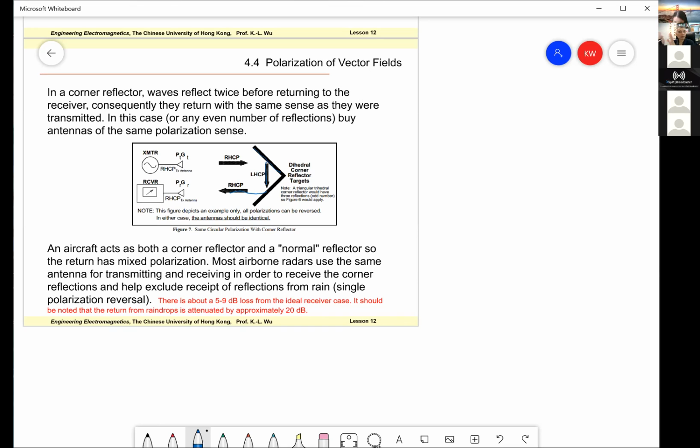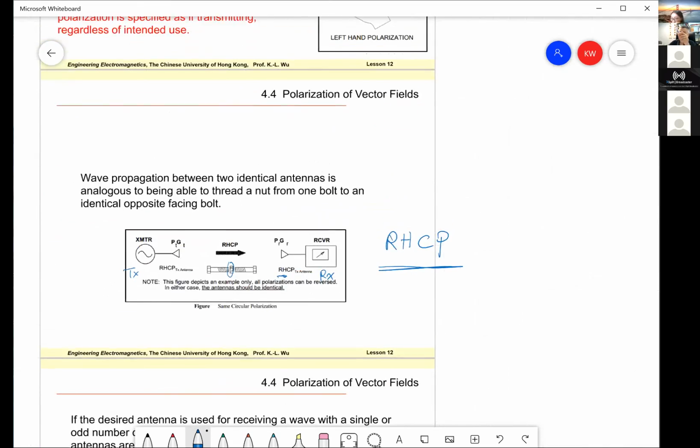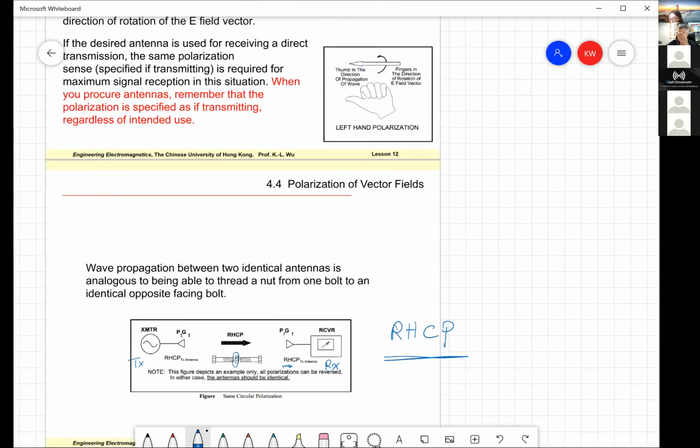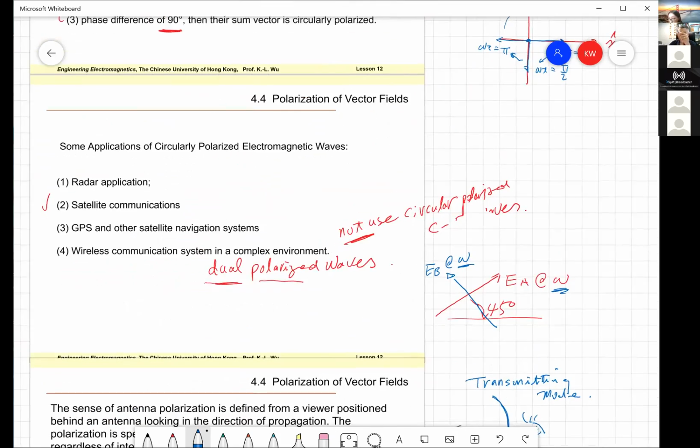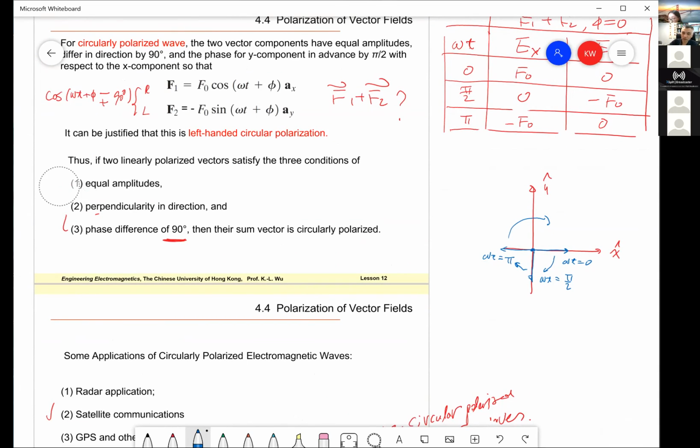All right, so that is what we discussed, specifically in this class, about polarization. We have linear polarization and circular polarization. For circularly polarized waves, I didn't mention that the two waves must have the same magnitude.